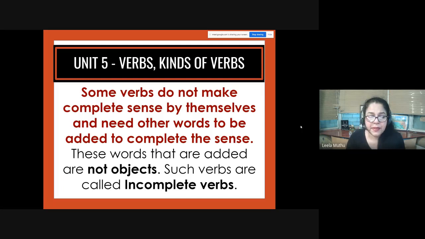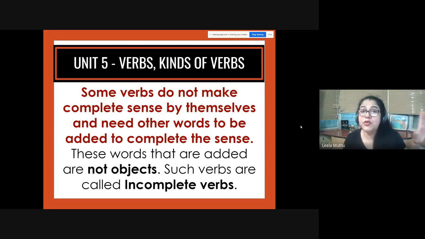These words that you add are not objects. They do answer the question what, but they are not objects at all. So such verbs are called incomplete verbs.